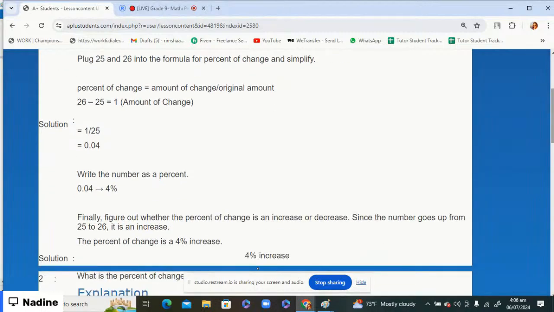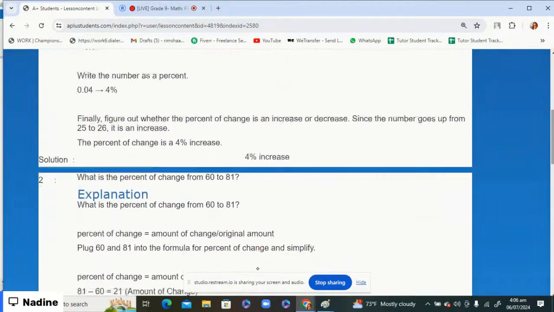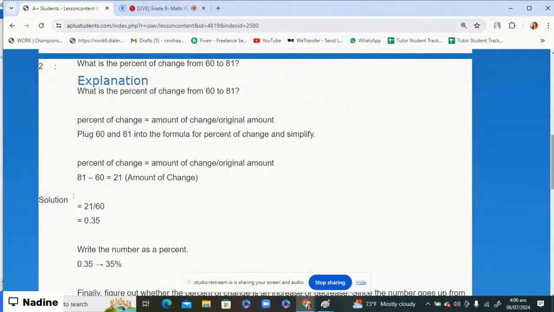Okay, now let's start the next. What is the percent of change from 60 to 81? Let's just solve this one.